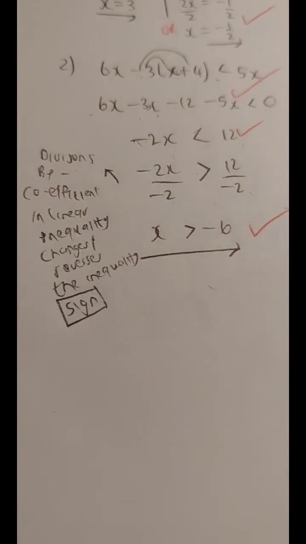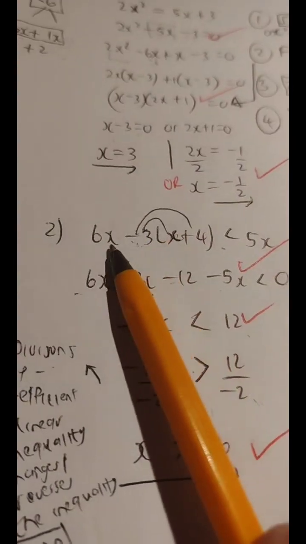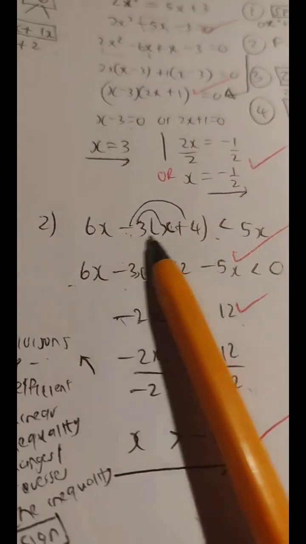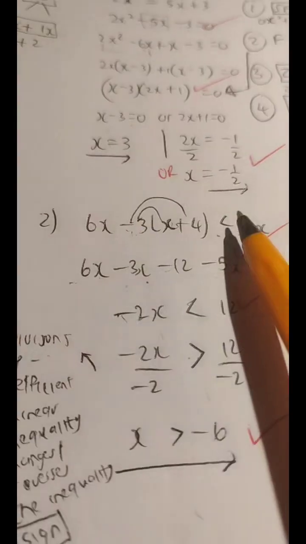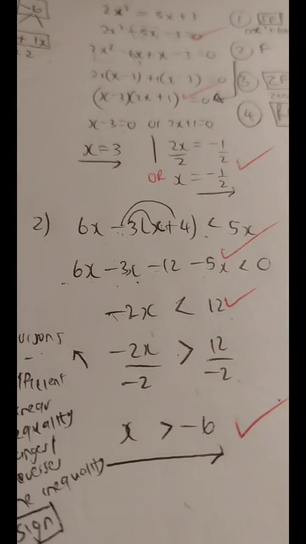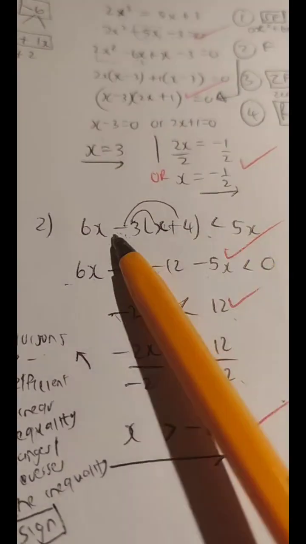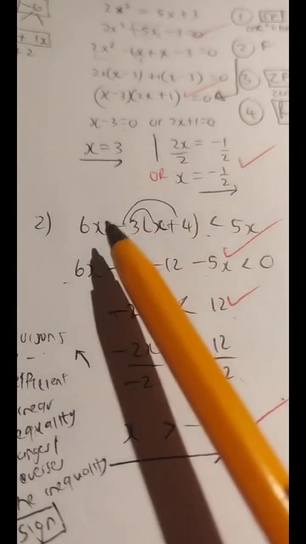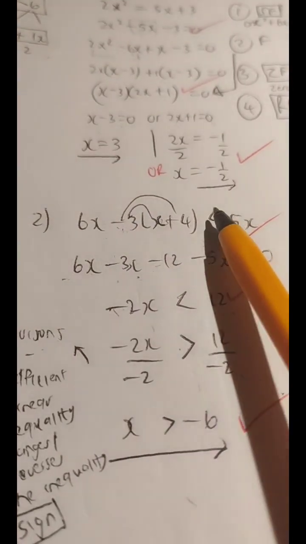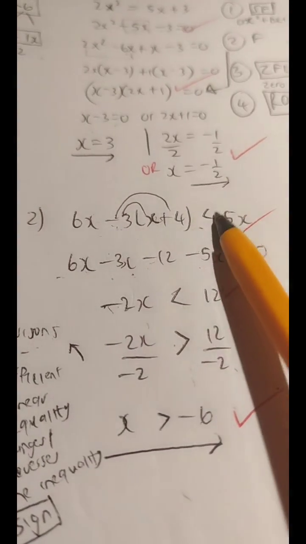Jackie J, I didn't get that one. Okay, so one more time. This is an inequality. What this means, guys, is that the expression on your left is less than 5x, which is your expression on the right. So what we want is the value of x which will keep this statement true. Meaning when you substitute that x value, it must give a situation where the left is less than the right.